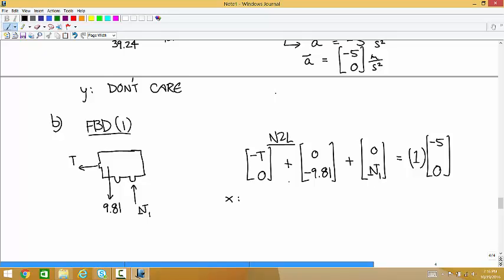And the x equation says negative T is equal to negative 5. So T is equal to 5 newtons.